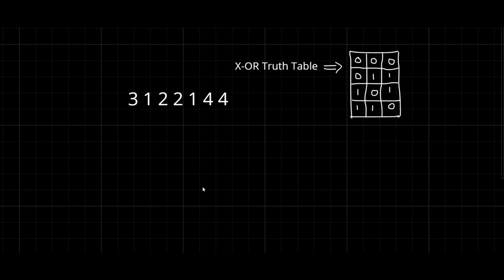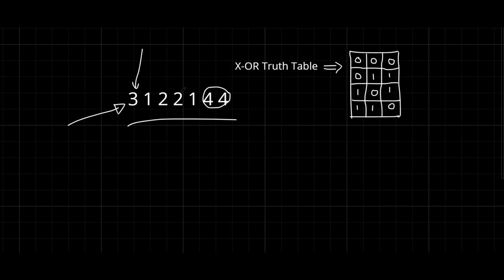Here we can take a custom example. The input array length is 7, which contains 3, 1, 2, 2, 1, 4, and 4. Here, the element 3 appears only one time, so the answer of this test case is 3. Now, let's try to understand how we can solve this problem by using bit manipulation. In the given input, all of the elements are given pairwise except for the element which is the answer.